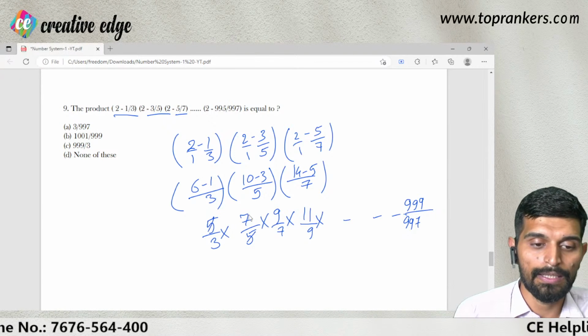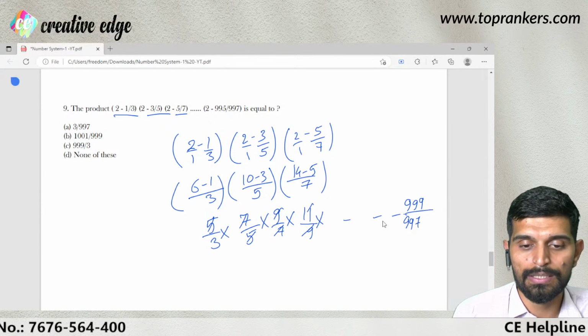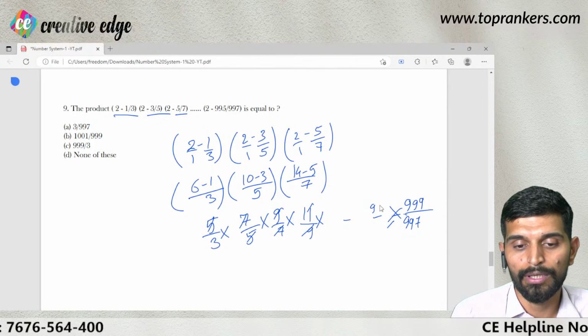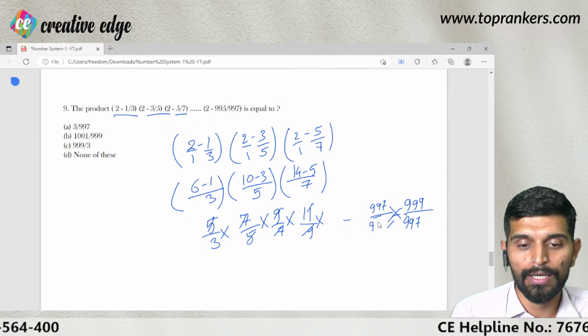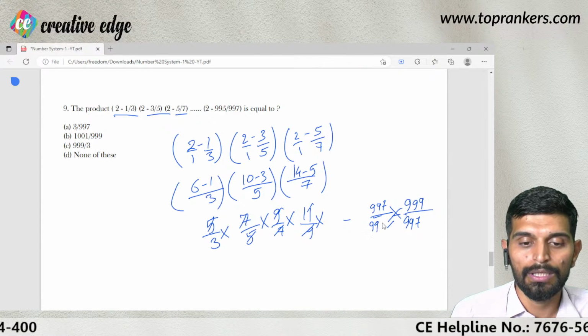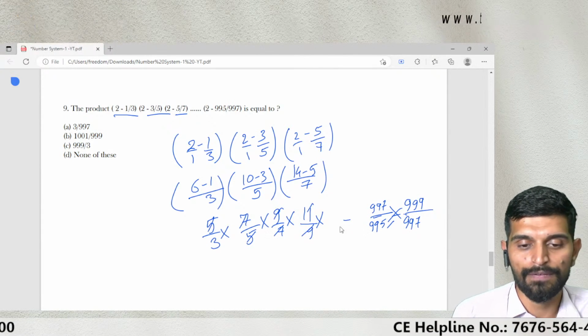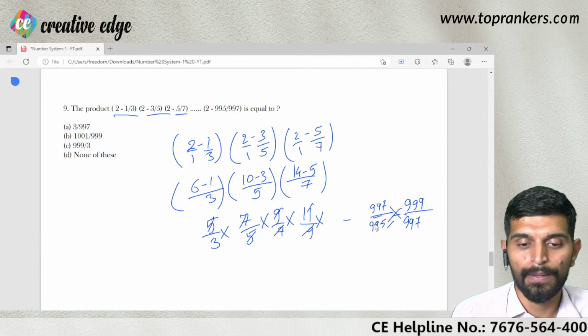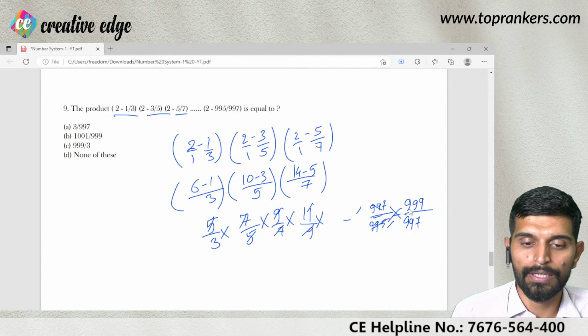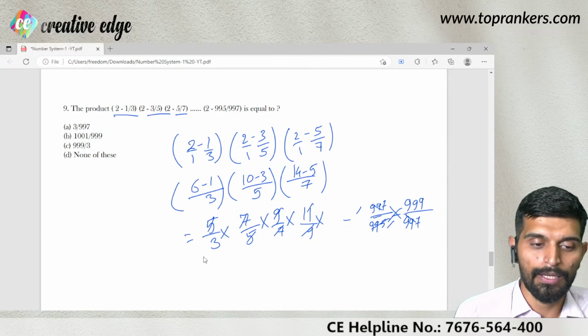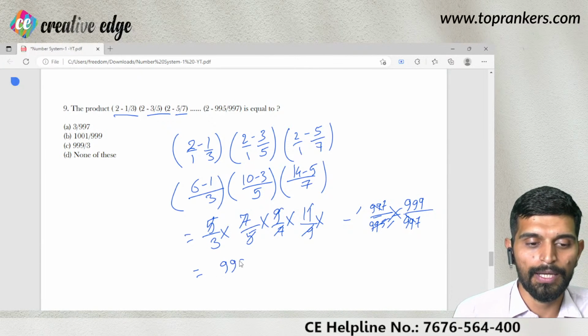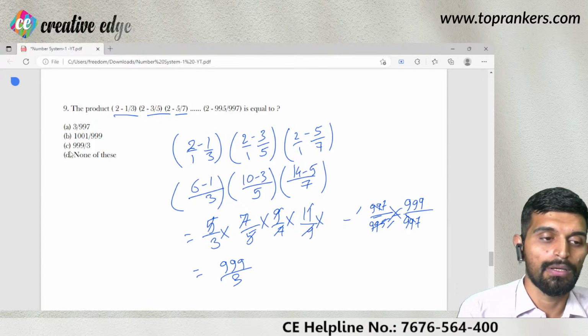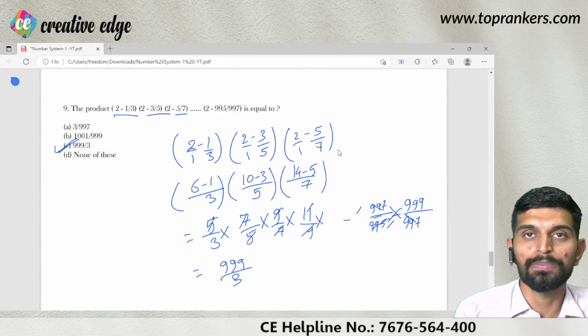So here it was 997 upon 995, with denominators 3, 5, 7, 9, 11, and so on. So this will get cancelled. So what will be left out is 999 upon 3. Answer to this one is option C.